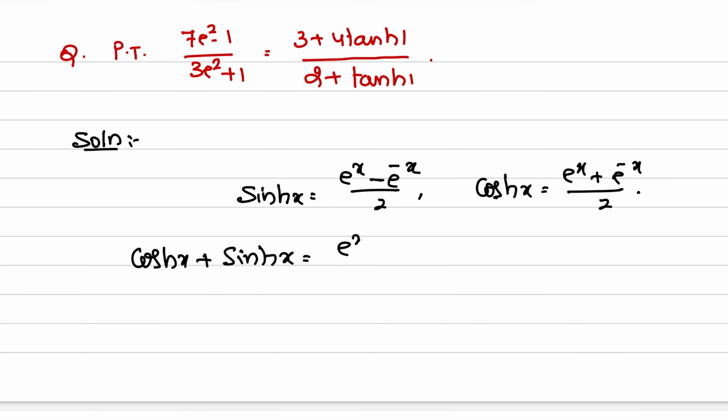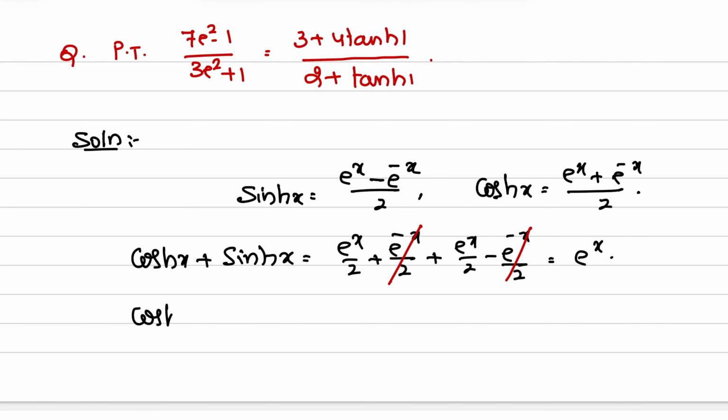e to the power of x by 2 plus e to the power of minus x by 2 plus e to the power of x by 2 minus e to the power of minus x by 2, that is equal to 2 into, these two get cancelled, we will get 2 into e to the power of x by 2, that is equal to e to the power of x.